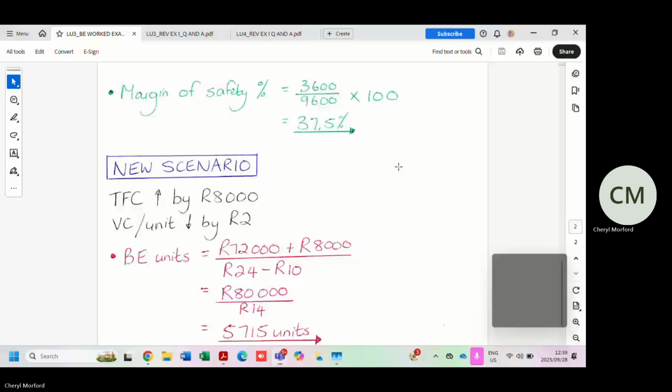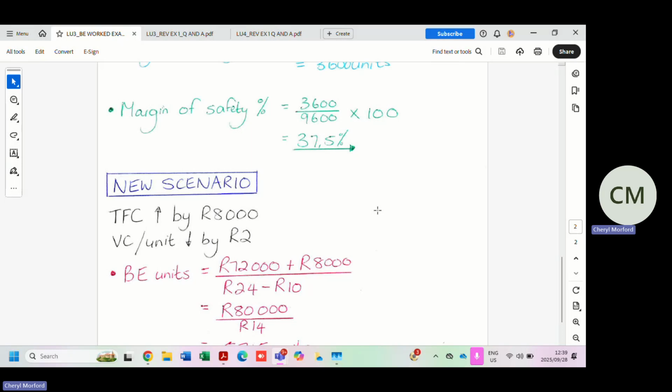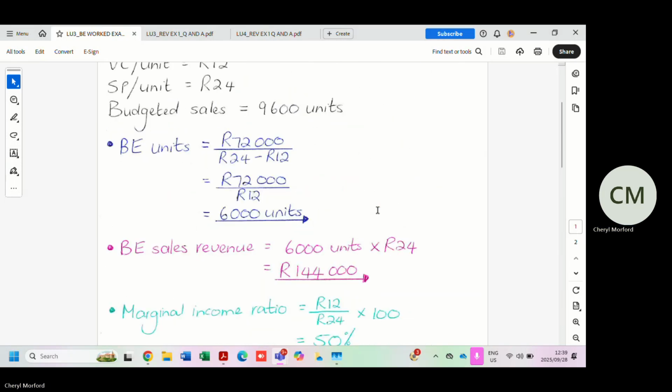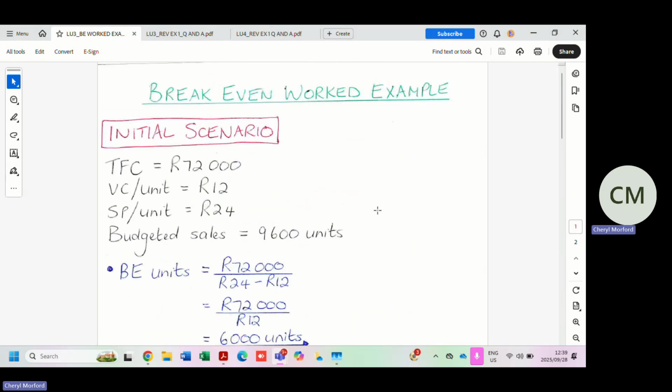Right, so I'm going to start with a single product break-even type of a question. So I'm going to share my screen with you. Right, here we go. This is just something that I have put together to be able to include multiple scenarios on different things.